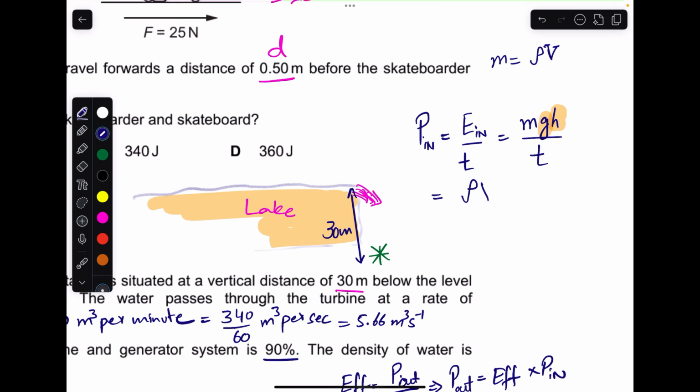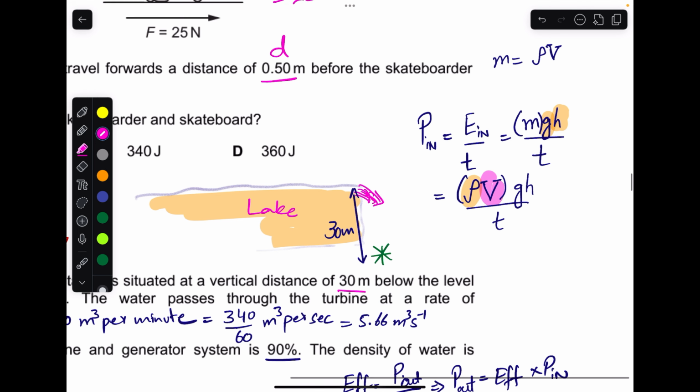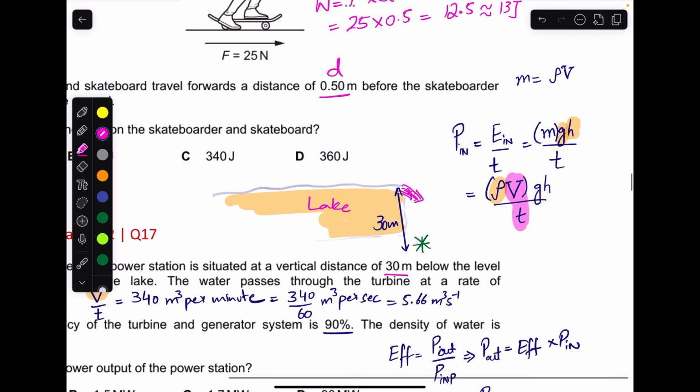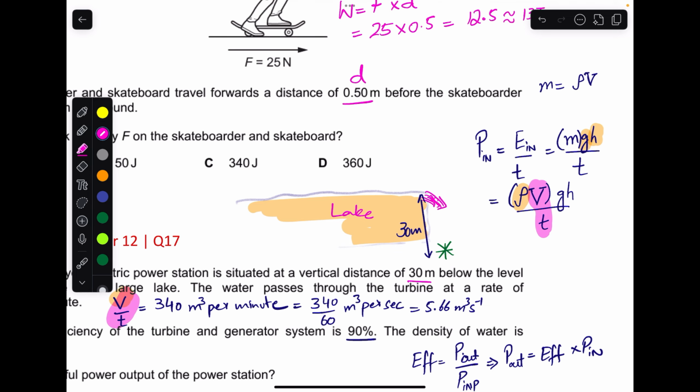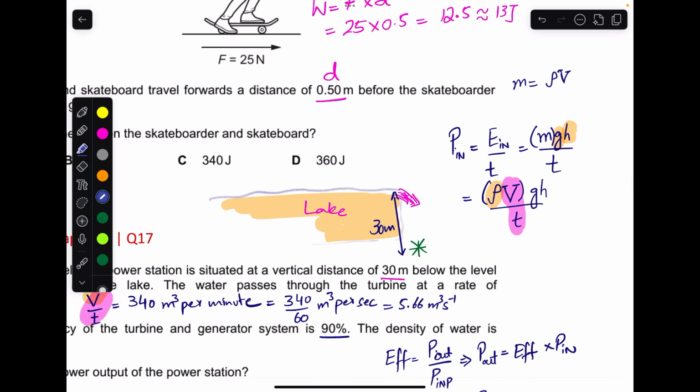Density into volume, I am just putting the value here. So it's density into volume into g into h, divided by t. We have the density, and the volume per second is given. We know g is constant, h is also given. You just need to put the values.